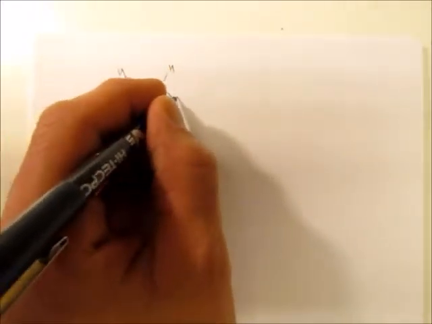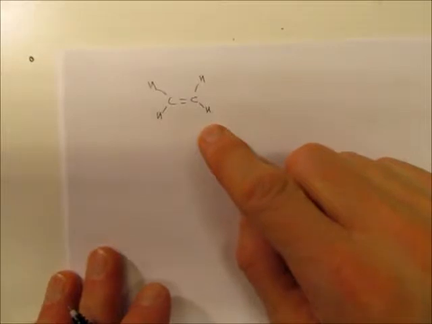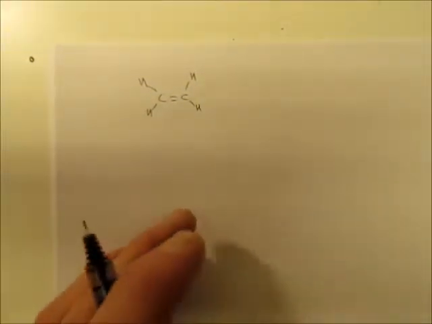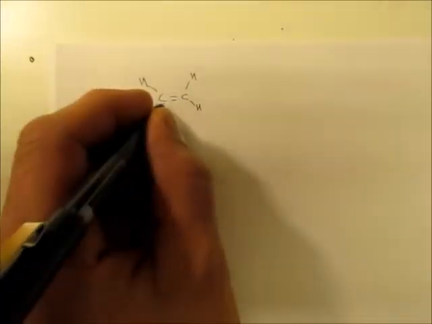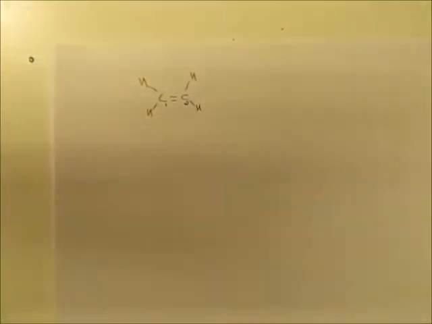To do this more appropriately, I guess we'll start with ethene. So here is ethene. You might see a picture of it. Now somebody's going to say, show the bonding analysis, if you will. So I'm going to call this carbon 1, and I'll call that carbon 2. And that's fine.